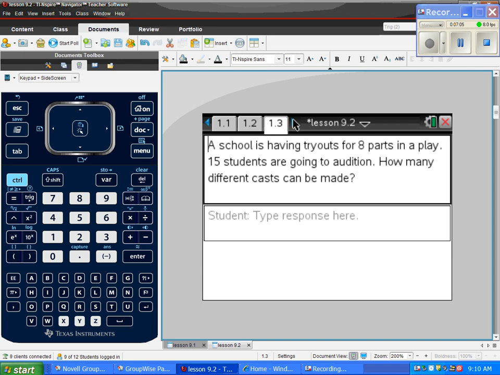In other words, why does it matter that if I am the guy Steve in the play, that's different than if I'm John? Why does that make a difference? In other words, you're going to figure out, does the order actually matter? So in this case, it does. 15 people, 8, what do we get?